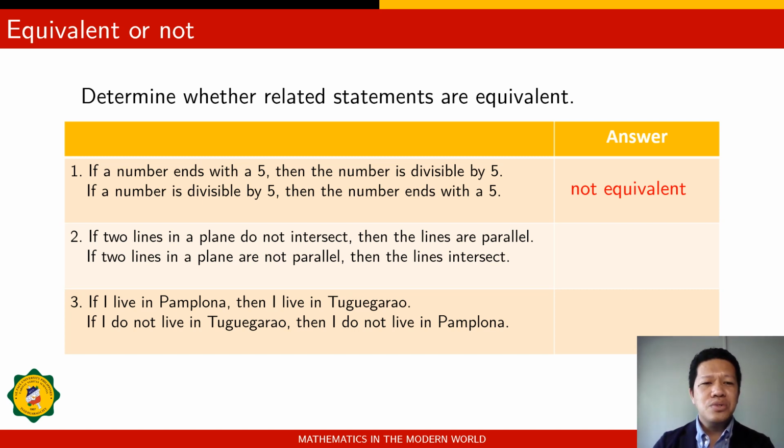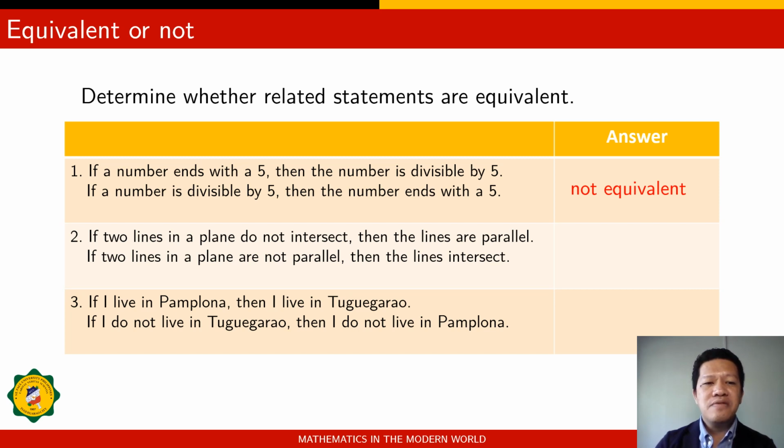How about number two? If two lines in a plane do not intersect, then the lines are parallel. And then the second statement is, if two lines in a plane are not parallel, then the lines intersect.